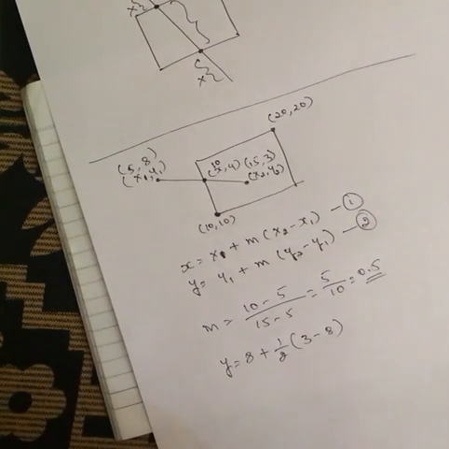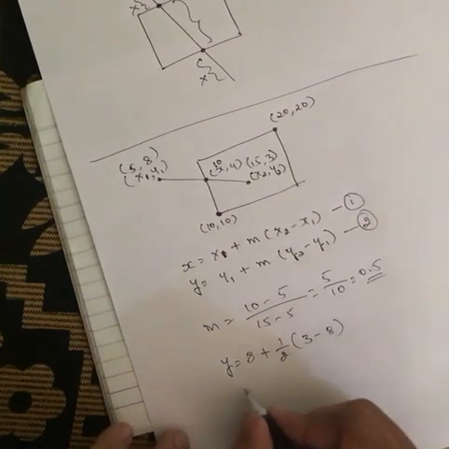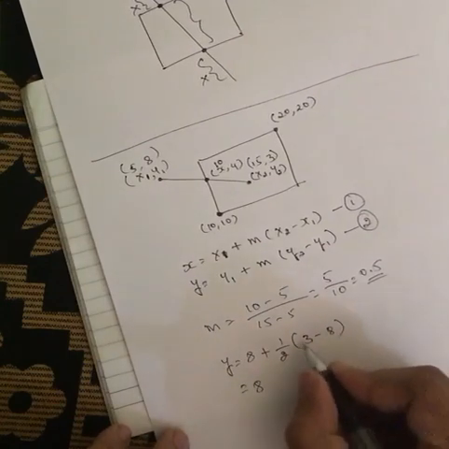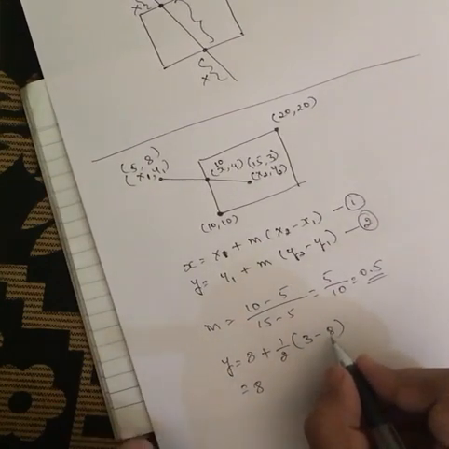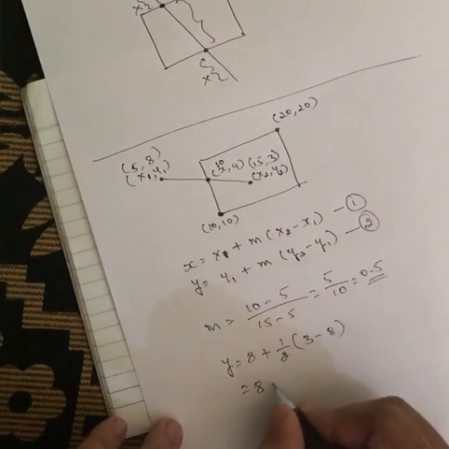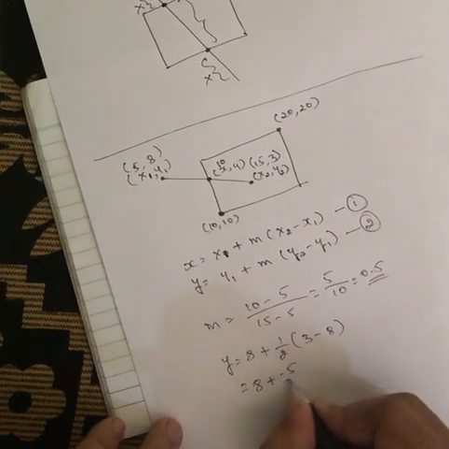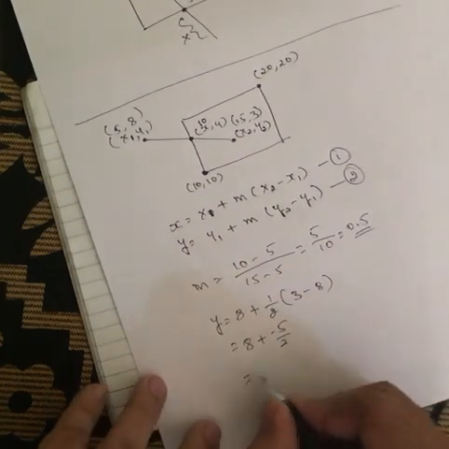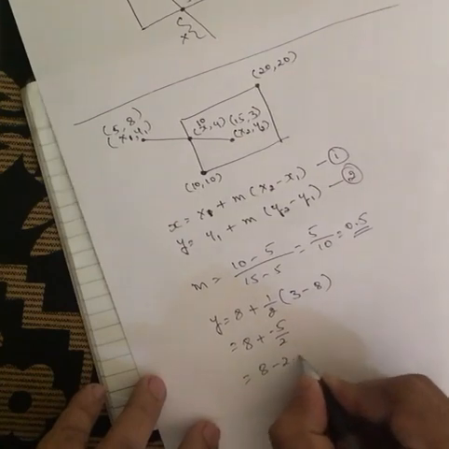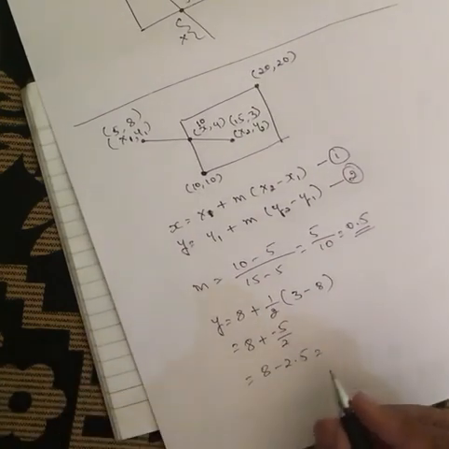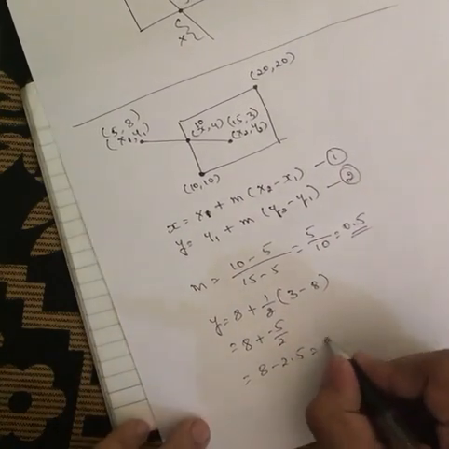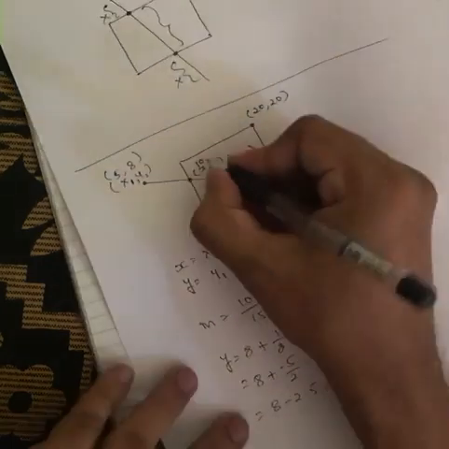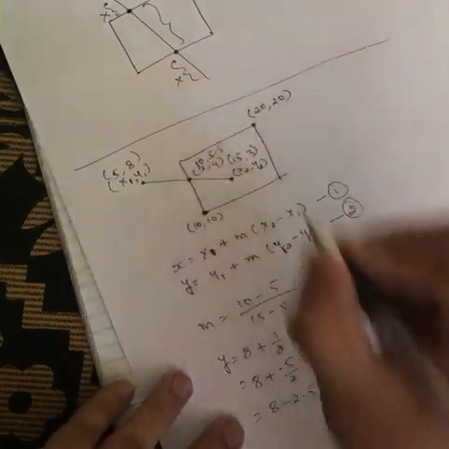So 3 minus 8 is minus 5, and 1 by 2 into minus 5 is minus 2.5. So 8 minus 2.5 gives 5.5. So you get this second point as 5.5.